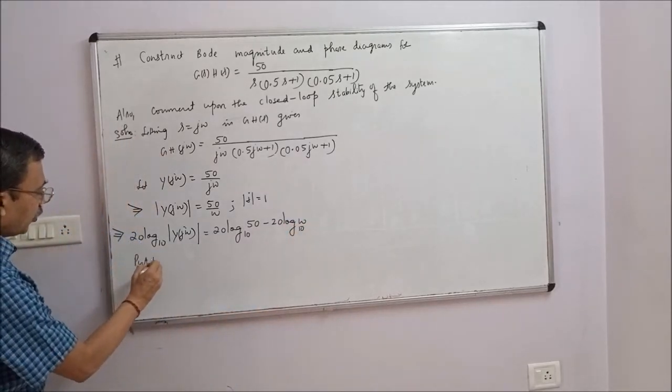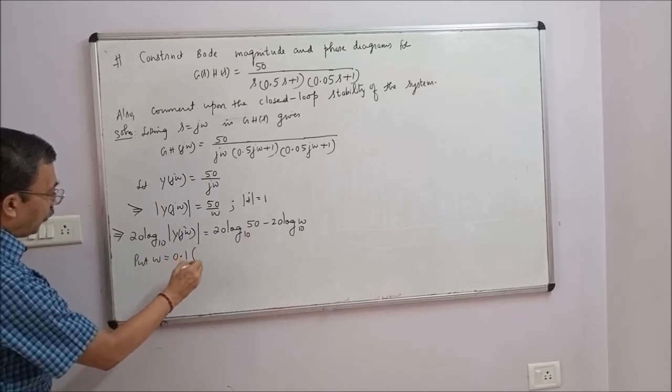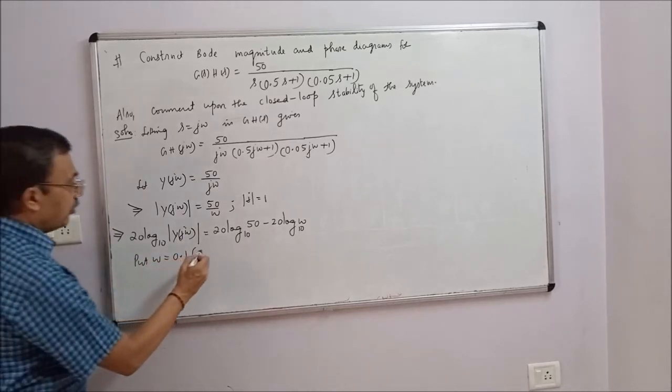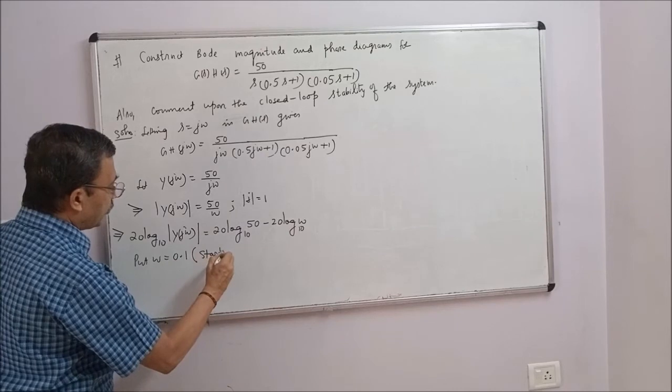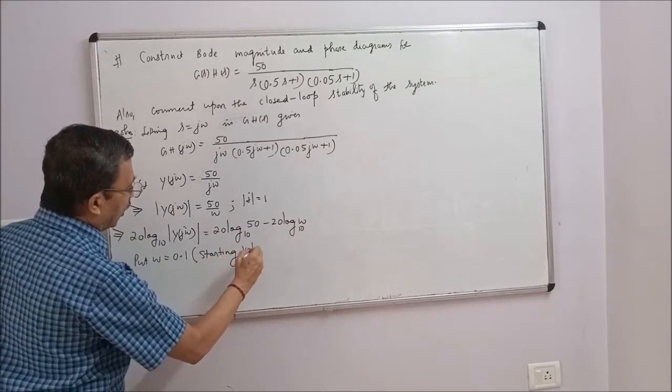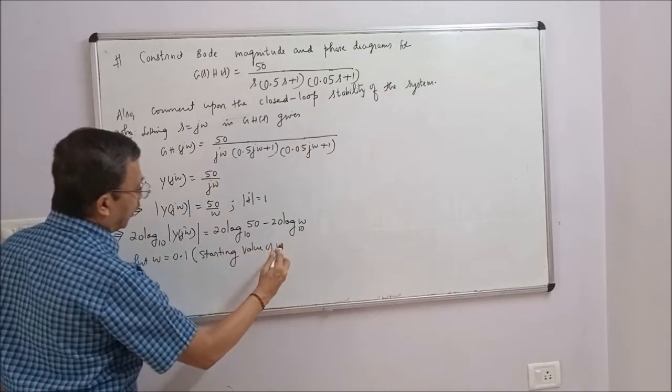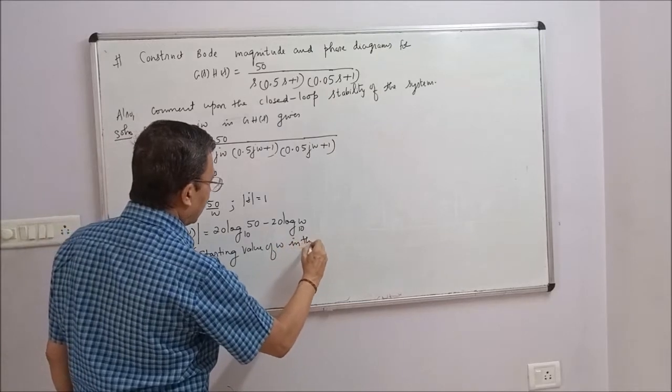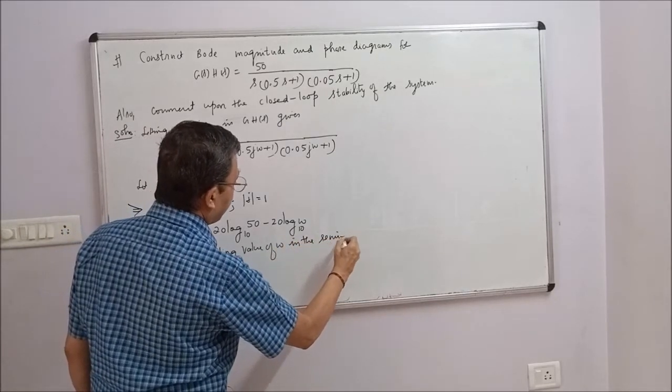Put omega is equal to 0.1. Why 0.1? Because this is the starting value of omega in the semi-log sheet.